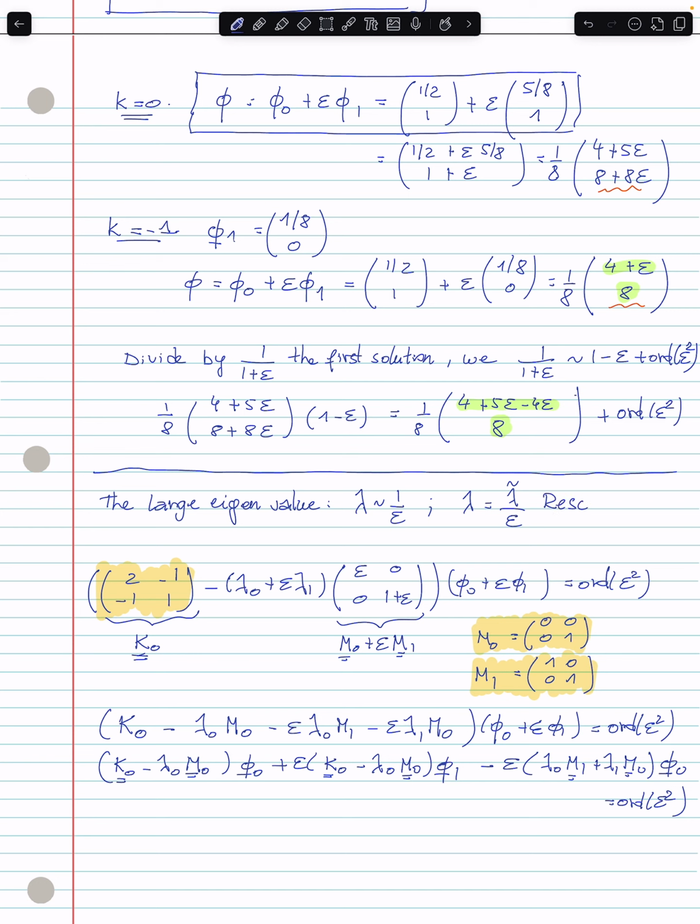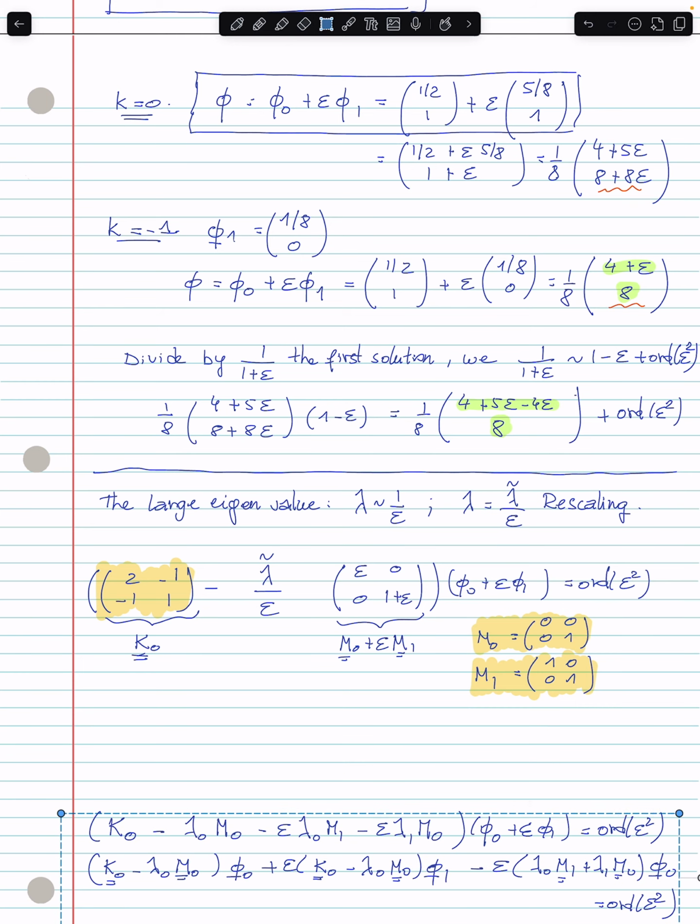It means that instead of using lambda 0 plus epsilon lambda 1, which actually comes from lambda, I'm going to write over there lambda tilde over epsilon. All right. And if I write lambda tilde over epsilon over there, let's just rewrite something similar to what we did earlier. And you will see what we get.